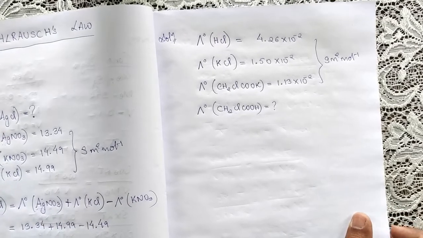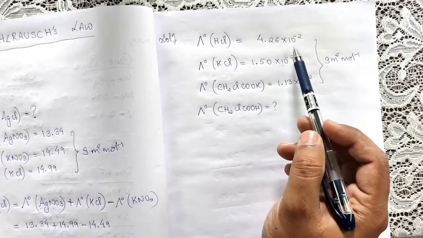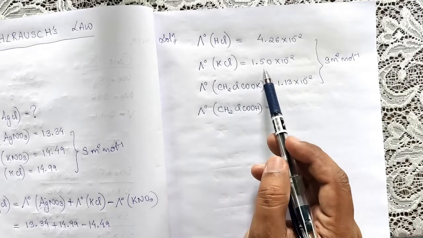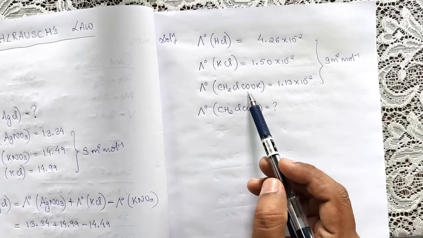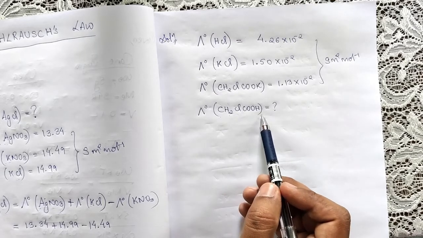So here is our given. So your molar conductivity of HCl is 4.26 into 10 to the power minus 2, KCl is 1.50 and CH2Cl COOK is 1.13. So we're going to find for CH2Cl COOH.